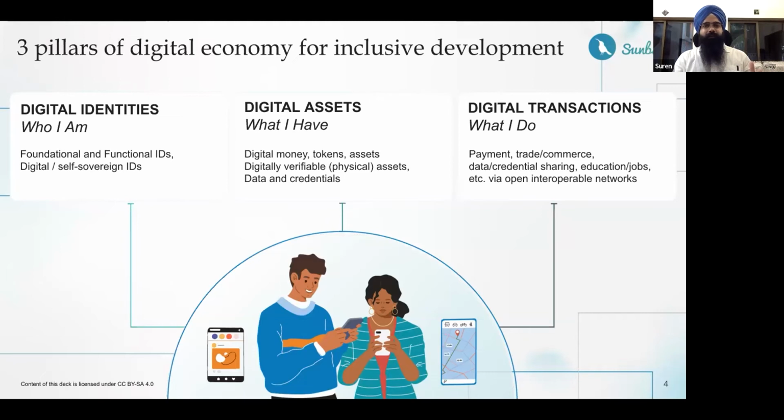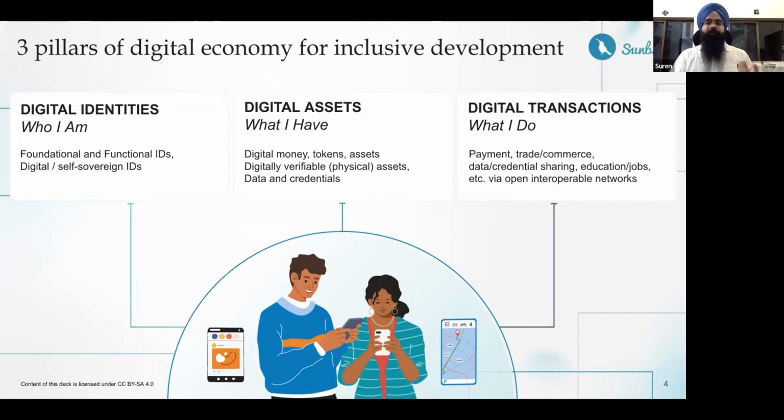These entities which have identities, when they get assets, for example, individuals, when they get money, tokens, various certificates, various vouchers, both of these combined enable them to participate in transactions, access opportunities, get benefits.